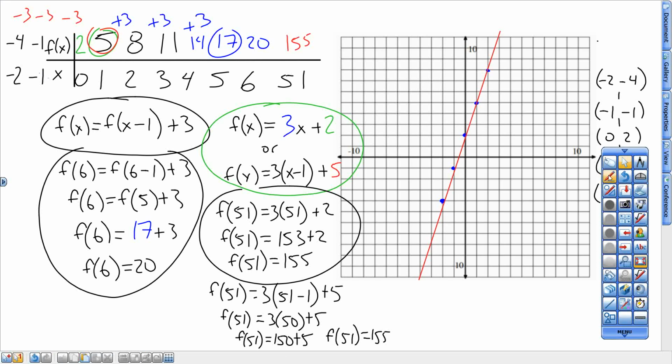If you look at it, it touches the y-axis right there at the 0 term, which of course is 0, 2. That's the y-intercept. Again, know that straight line arithmetics, the slope matches the rate of change number, that 3.